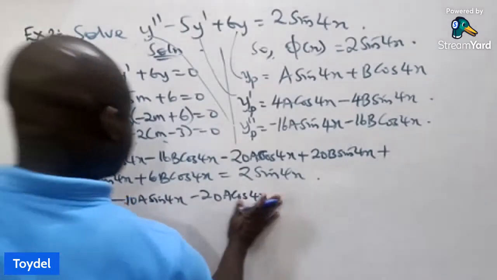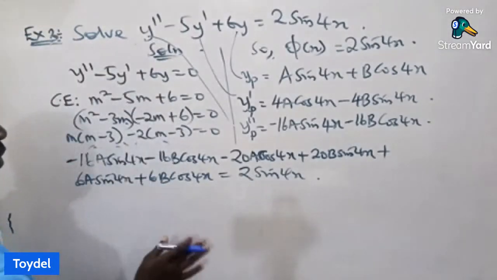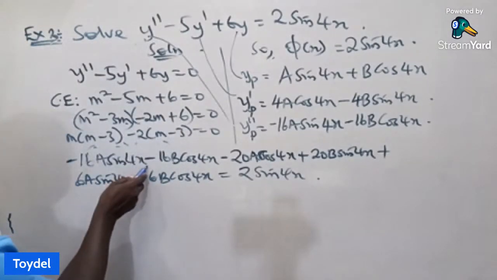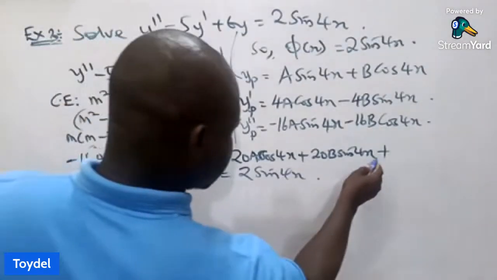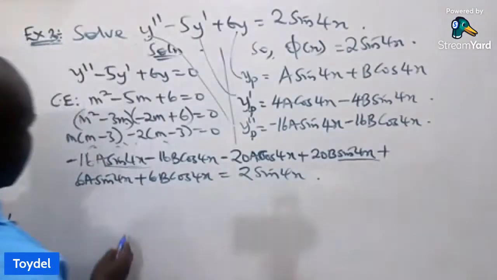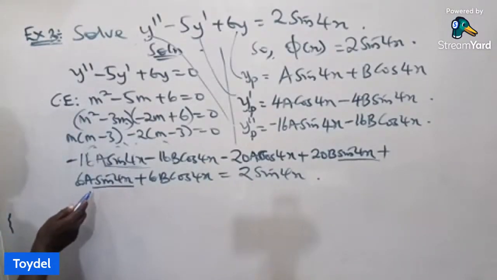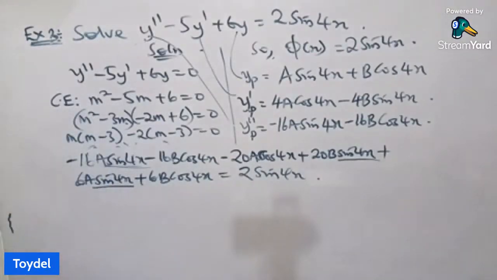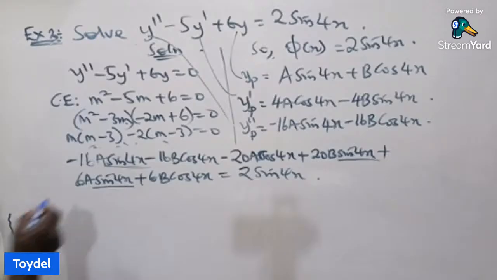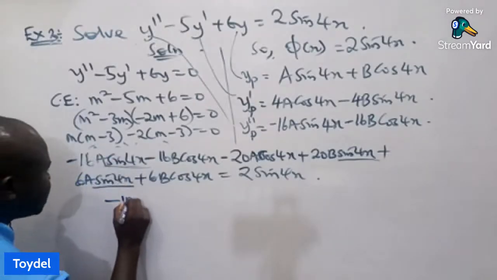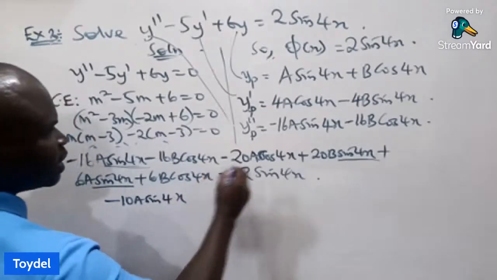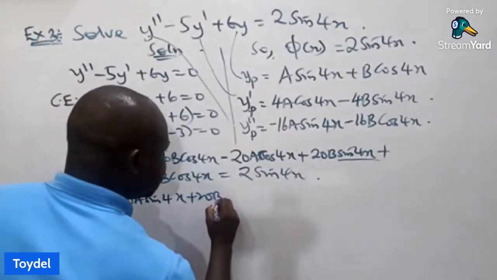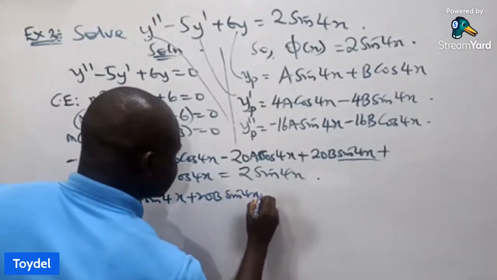So I want us to collect the like terms. Where we have sine 4x, let's check: sine 4x is here, and we also have sine 4x here. If we group everything together, we are going to have minus 10a sine 4x plus 20b sine 4x.